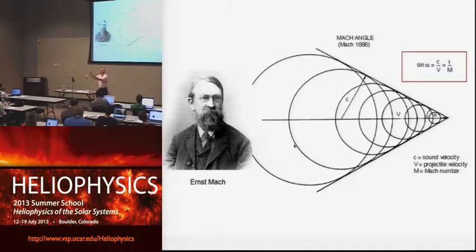It's like, you shout into the wind and your sound wave gets swept behind you. So this Mach cone, in this case, is the discontinuity between a flow which is supersonic and flow which is subsonic. As you can see, this is for a point disturber, and we have a cone.